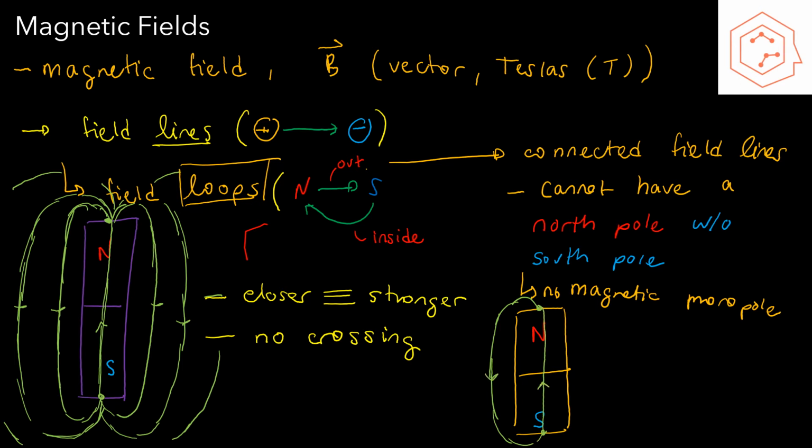If I cut this magnet in half to get a north pole by itself and a south pole by itself, the field lines will stay intact, but instead they'll look something like this.